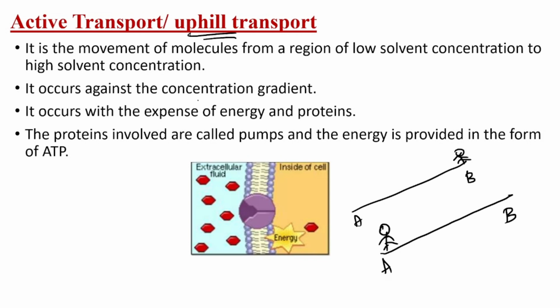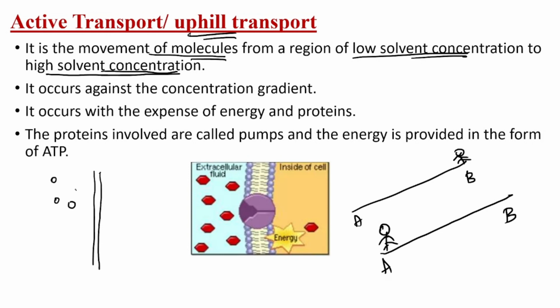Why is it so? This is because here the molecules move from a region of low solvent concentration to a region of high solvent concentration. Consider the plasma membrane, and there are solute molecules present and water is present.